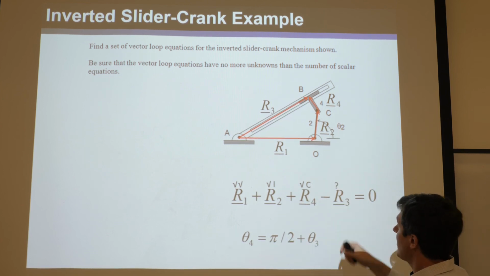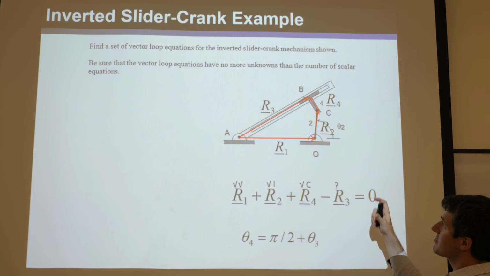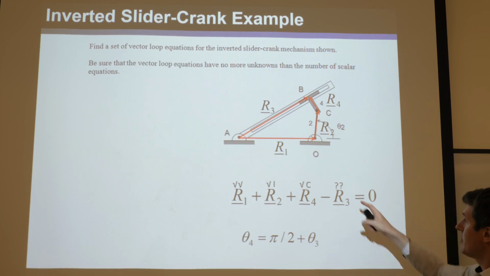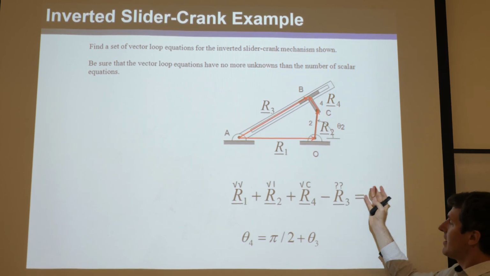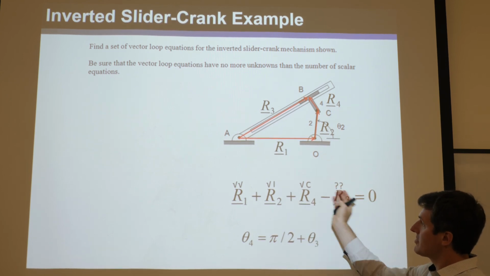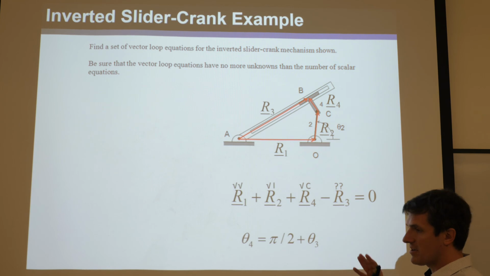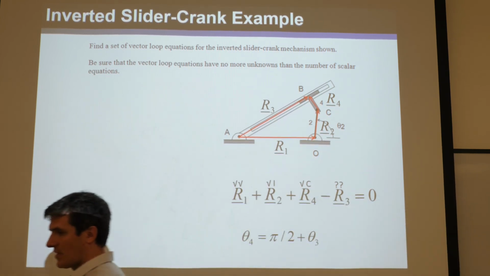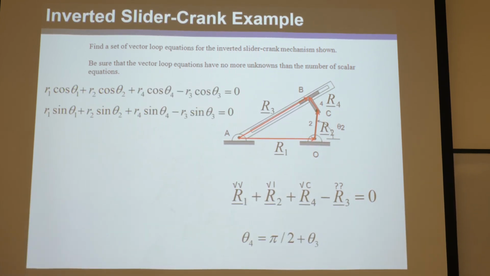And we don't know the angle of R3, which captures the orientation of 3. So again, you can either think of 2 equations and 2 unknowns, or 3 equations, 2 in there and 1 there, and 3 unknowns. Either way, you can solve it.